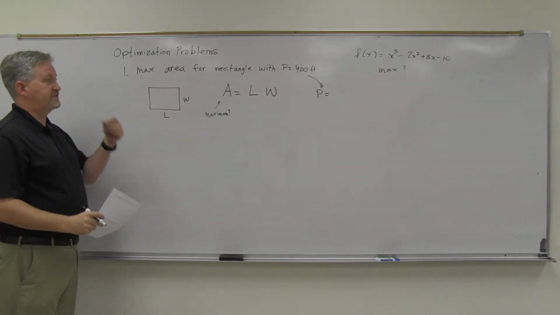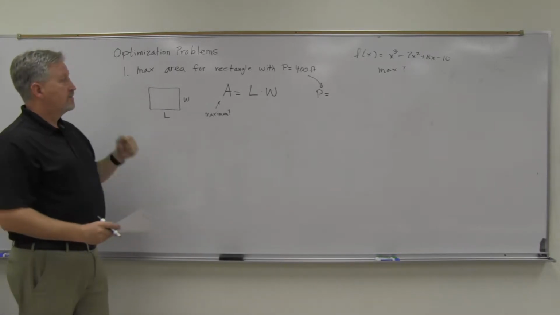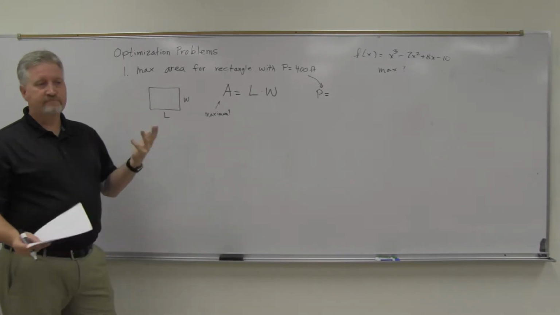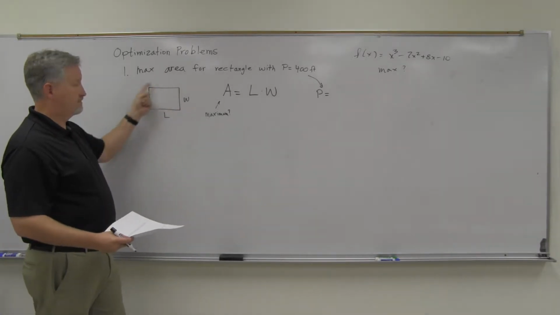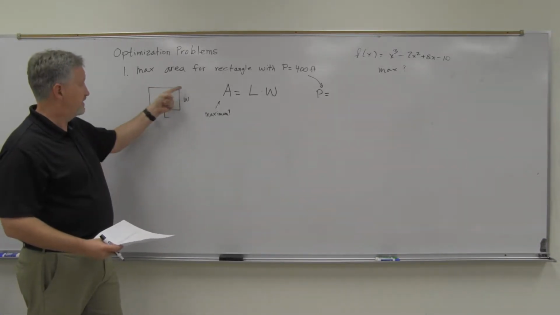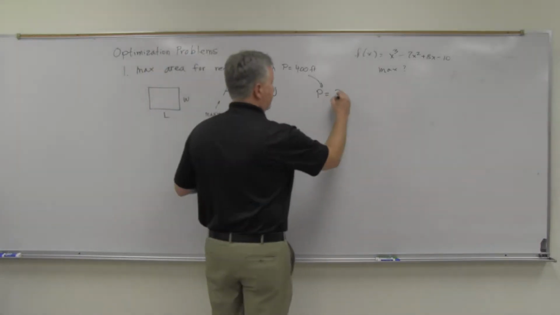So that second equation is going to help me fix the two variable problem here. The perimeter of a rectangle, different forms of it, but 2L plus 2W. Perimeter is just all the sides added together, L plus W plus L plus W. 2L plus 2W, perimeter of a rectangle.